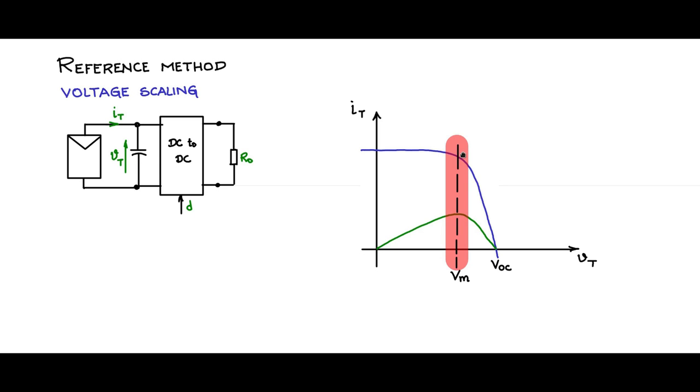It may not exactly be at the maximum power point, but it will be near around the maximum power point, which is still very satisfactory in many of the applications.